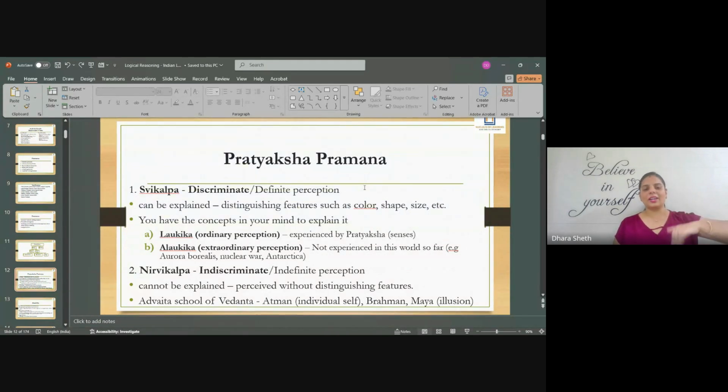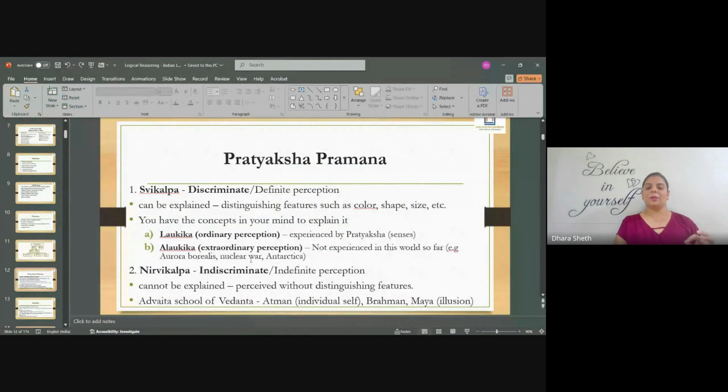I saw his or her hand going inside my bag, opening the chain, taking out my book, closing the bag, and then stealthily walking away. You can describe it like this. There are distinguishing features like color, shape, size, action, whatever was done. You have the concepts in your mind to be able to explain it. You know what it is.